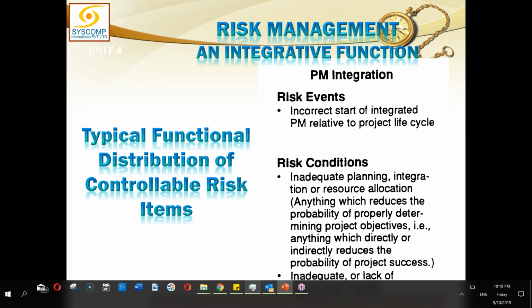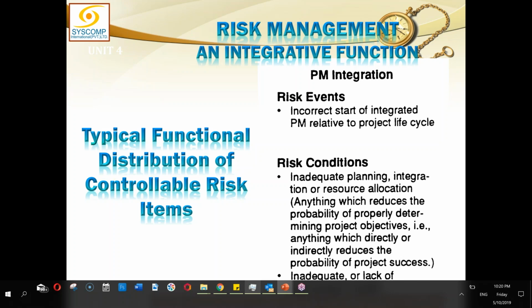So this could be a risk which could cause big damage in the future. So what can you be careful about? The risk conditions are inadequate planning at this stage, at the stage of integration. You are not properly integrating all the knowledge areas into the project management plan. Some things have been missed out, and they will become the risk, and they will ultimately harm your project overall.